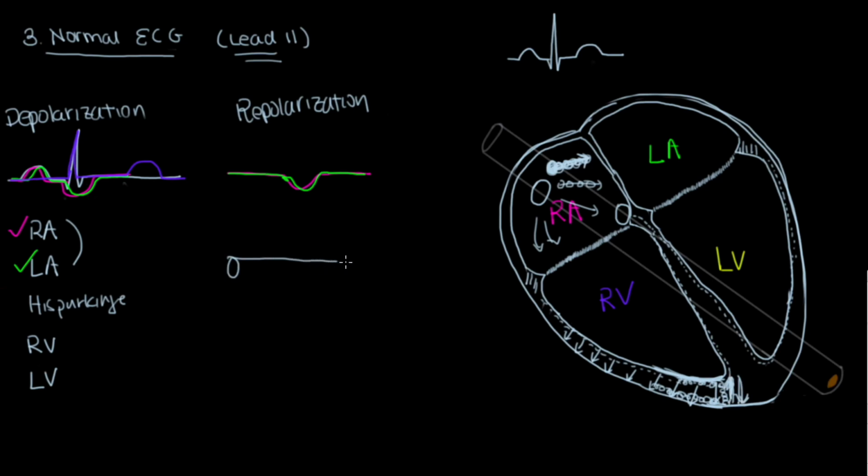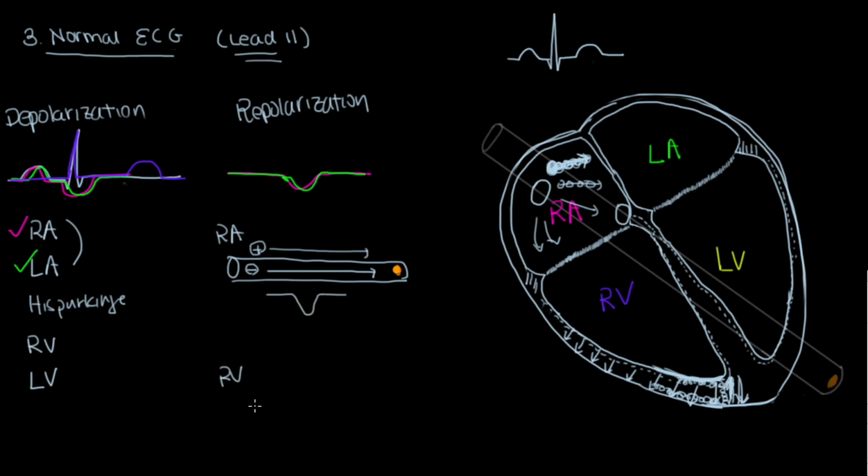So for example, with the right atrium, imagine having the charge here and a sensor out here, right? You had a negative charge because it's repolarizing going in the same direction as the depolarization did, because before it was the positive charge going this way to depolarize. Now you're having repolarization, so you have a negative charge moving in that direction, which is basically a negative deflection.